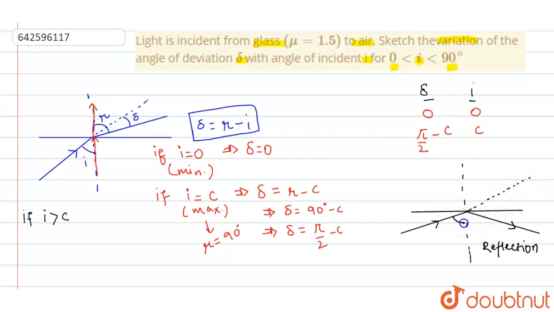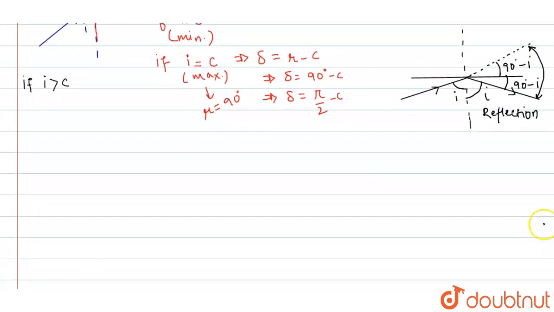So let this angle be I, then angle of incidence is equal to angle of reflection. Therefore this angle is equal to I. So this angle is equal to 90 degree minus I, and this angle will also be equal to 90 degree minus I. Therefore this is the total deviation, right? So in this case, total deviation delta is equal to 90 degree minus I plus 90 degree minus I. This implies 180 degree minus 2I.